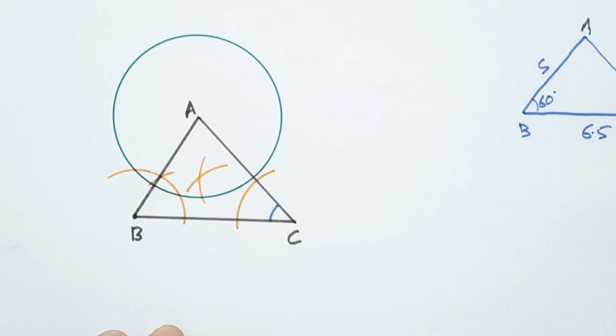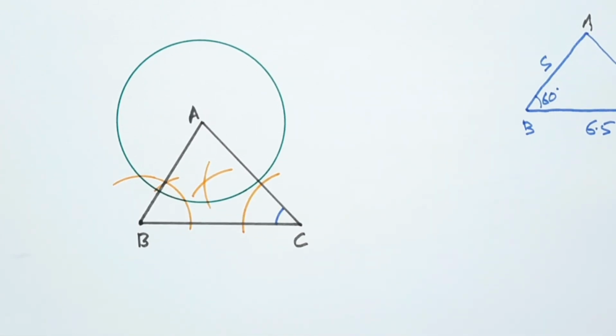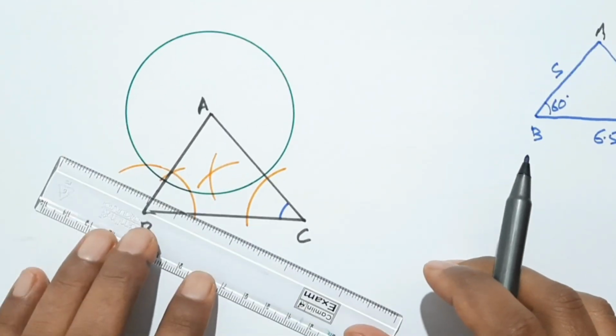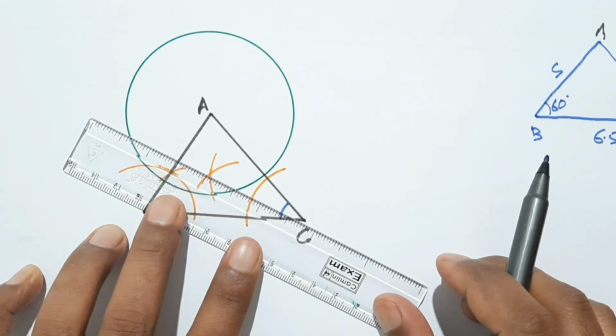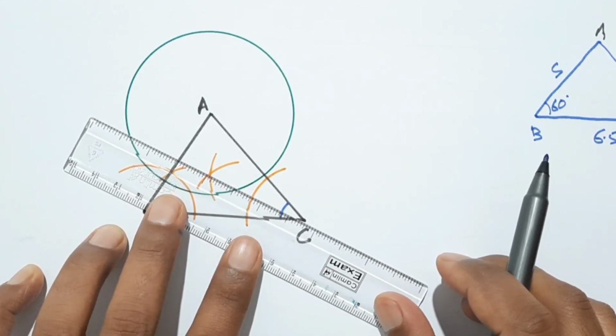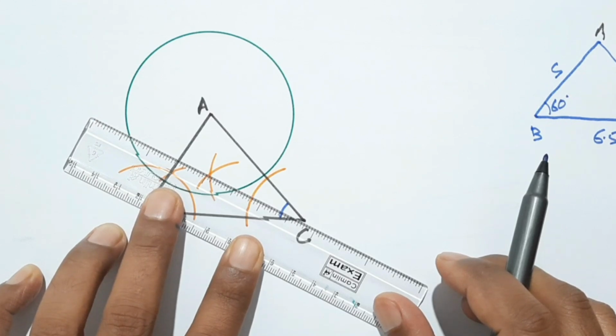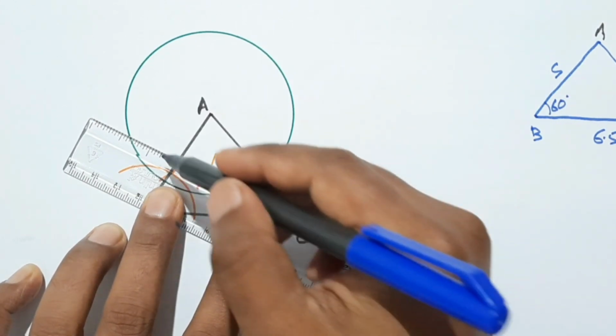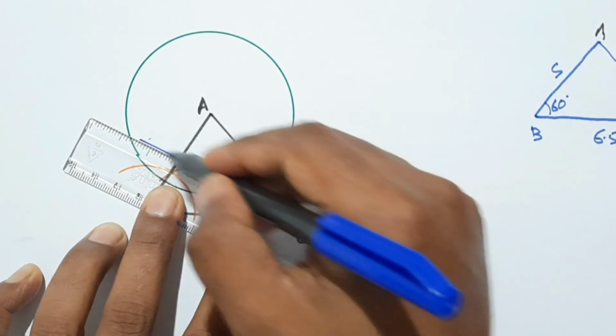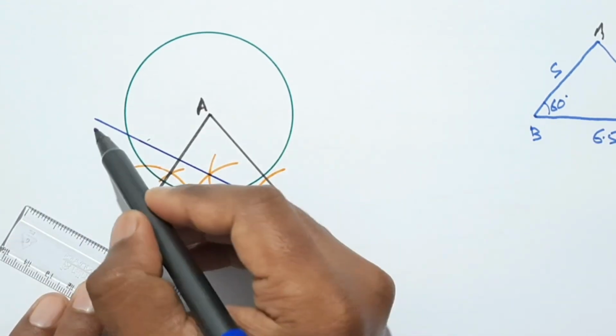Now here we got our angular bisector of angle C, that is the locus of a point which is equidistant from AC and BC. So this is our second part. I'll draw it like this.